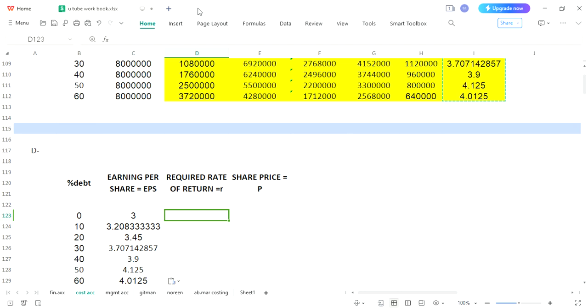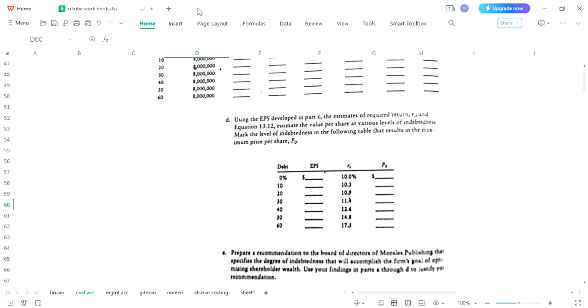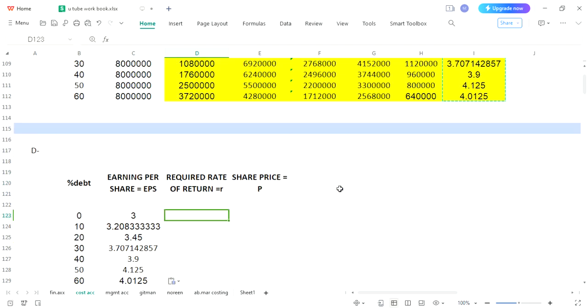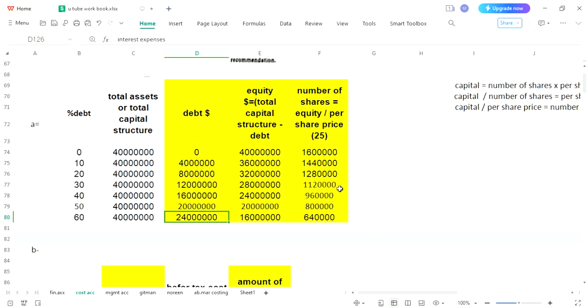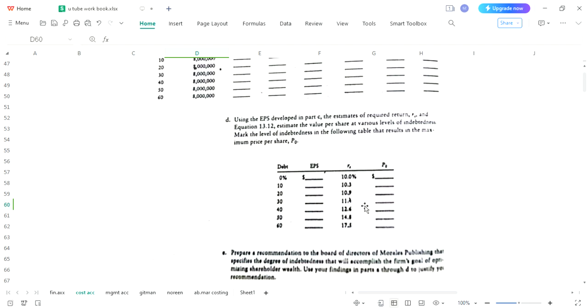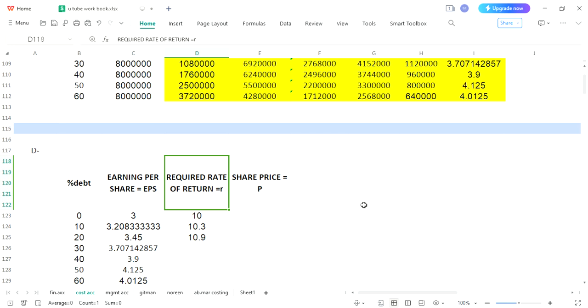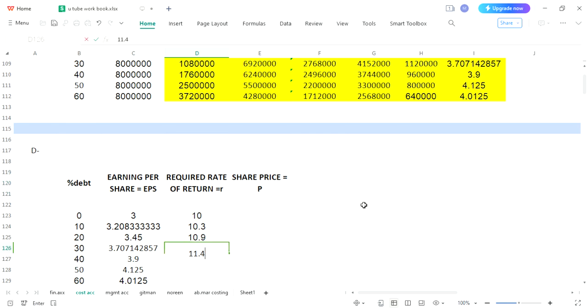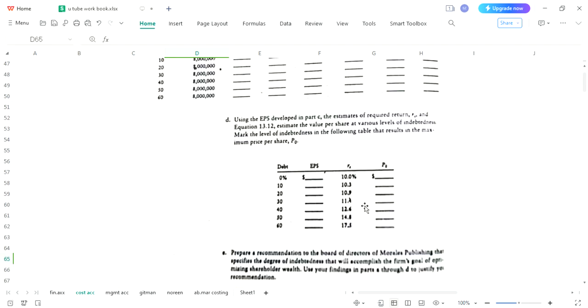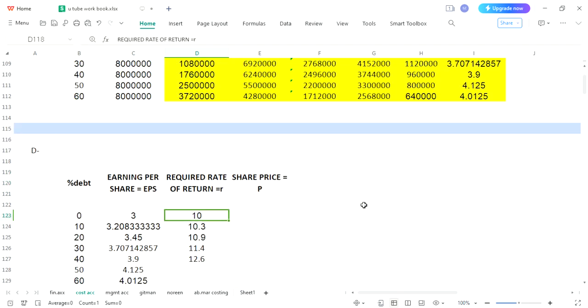Required rate of return is given in the question, and that's the difficult part of picking this rate. 10, 10.3, 10.9, then we have 11, 12.6, and then we have 14.8 and 17.5.